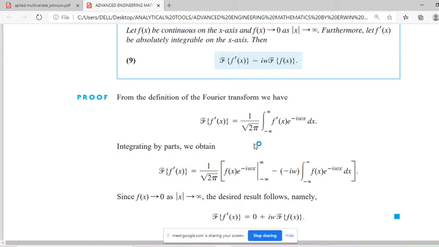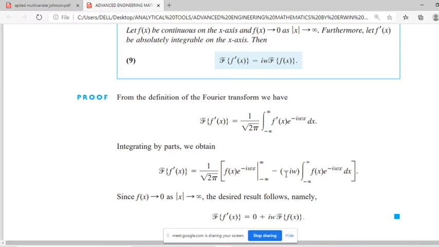So 1 by root 2 pi is taken outside, and then the first function e raised to minus i w x into the integral of the second, that is f of x, from minus infinity to infinity, minus the integral of the derivative of the first function. What is that? Minus i w into e raised to minus i w x, so minus i w is taken outside, then the integral of the second function, that is the integral of f dash, that is f.